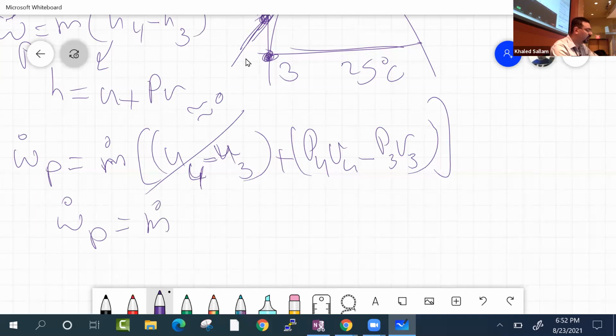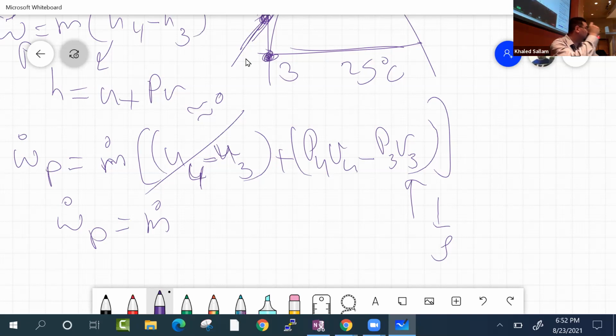And what is that V? Is that velocity? What is that? The specific volume. That's 1 over rho, 1 over the density. Does the density of the water change as we pressurize it in the pump? Yes or no?